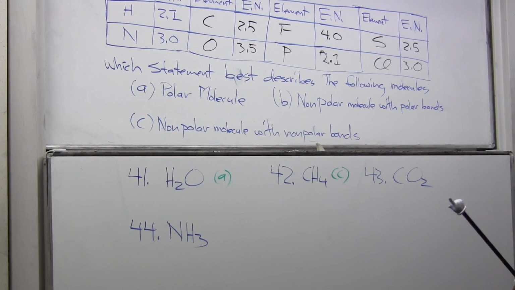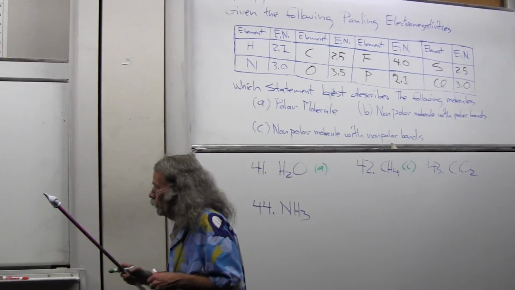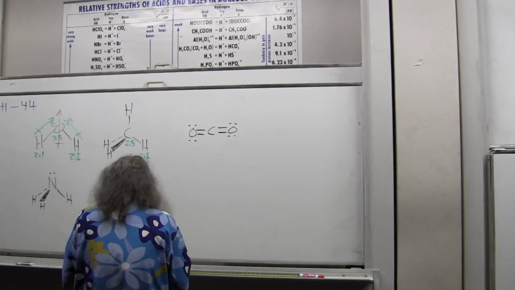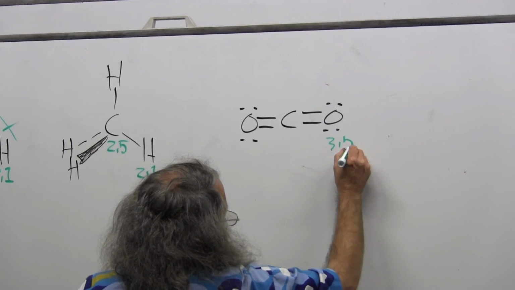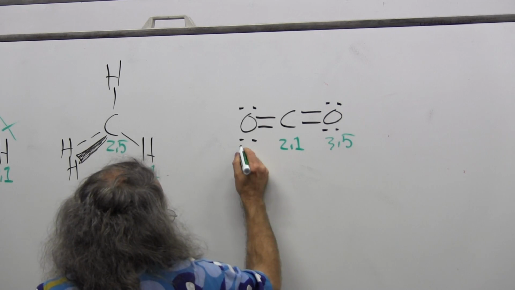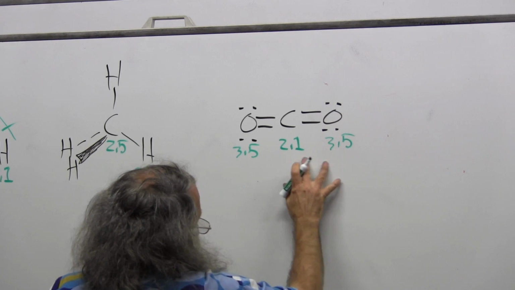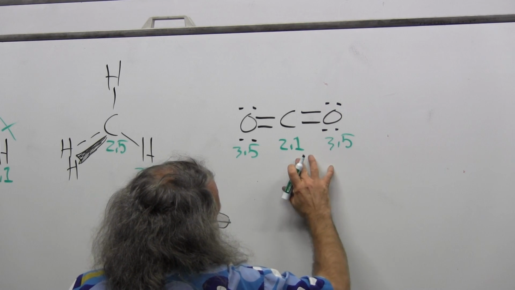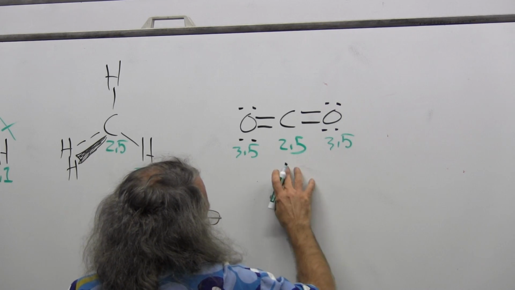Now for number 43, which is carbon dioxide, we see this is a linear molecule. I have 3.5 and 2.5 and 3.5 again, so a difference of 1.0.